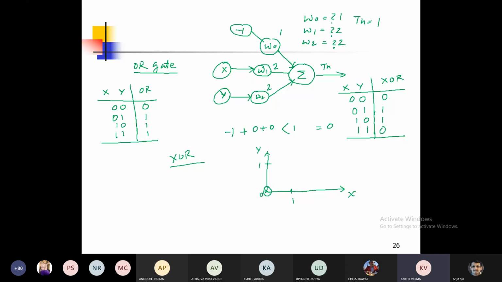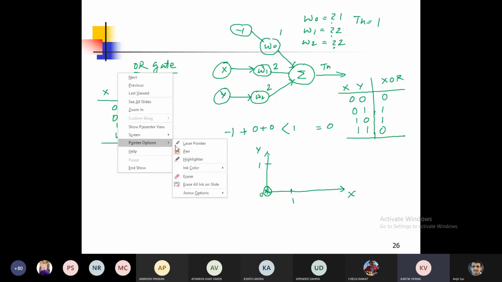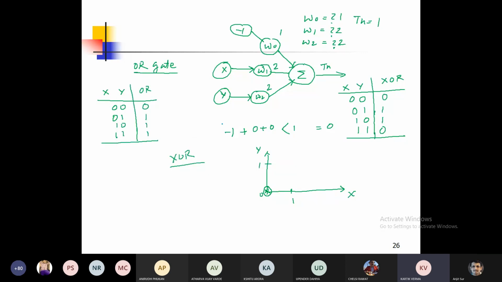This is 1 point. Okay, I put it in a different color. So this is 1.